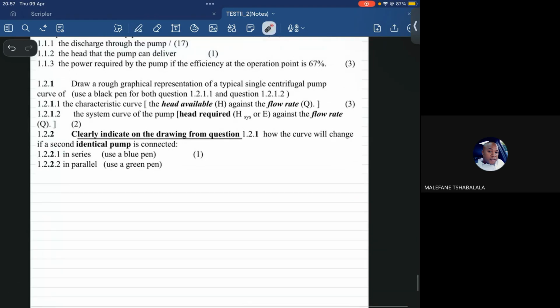And then lastly, they say here 1.2.2. So we must clearly indicate on the drawing from question 1.2.1 how the curve will change if a second identical pump is connected in series as well as in parallel.